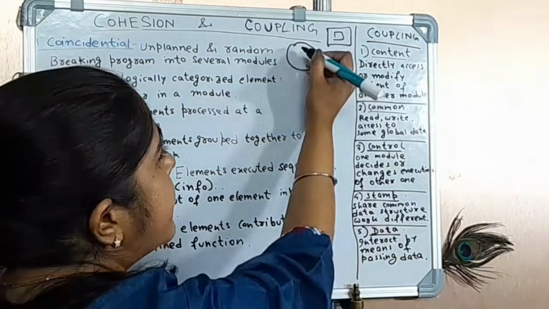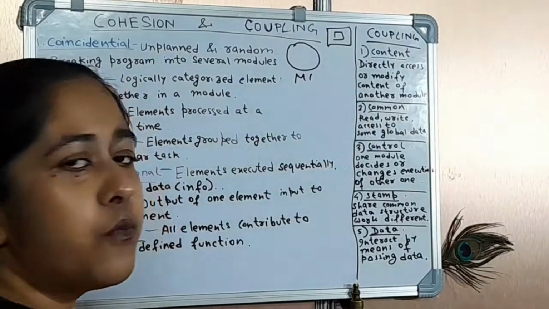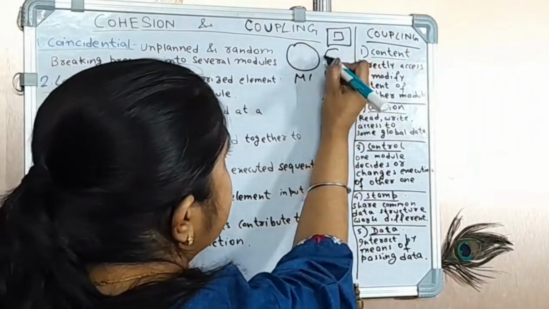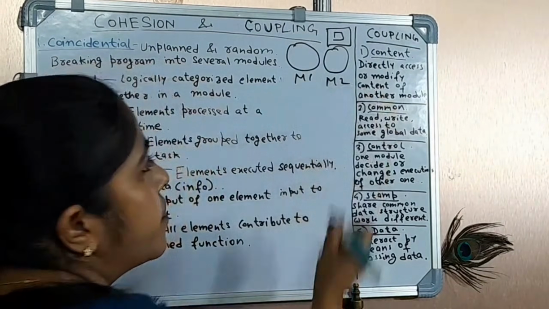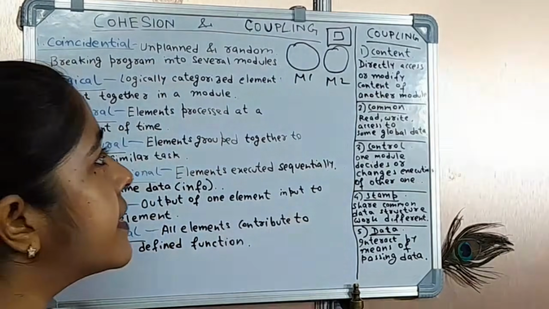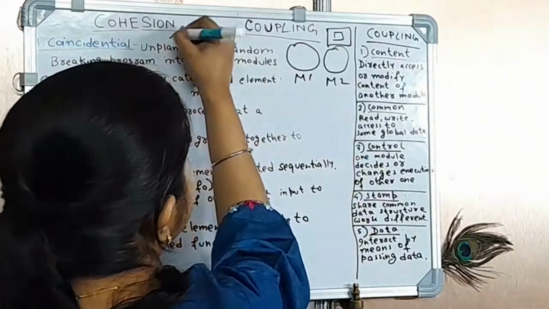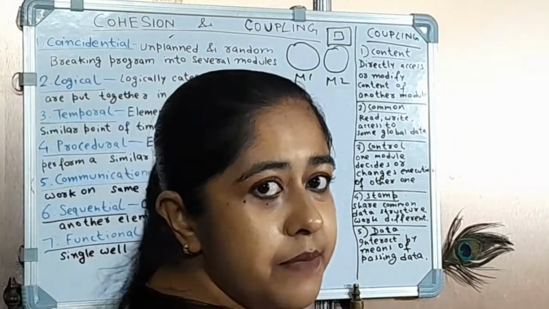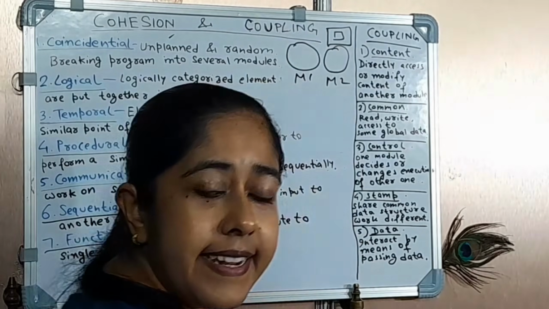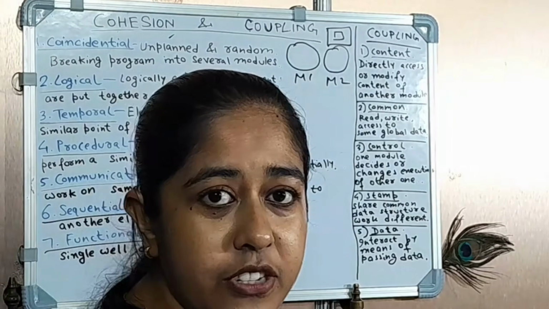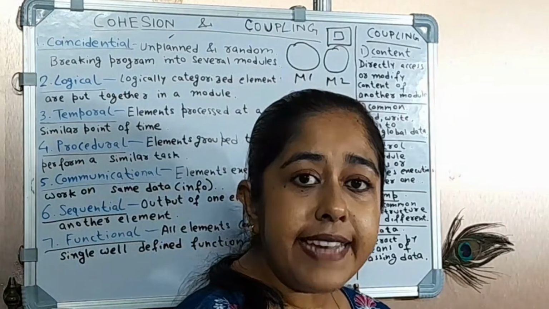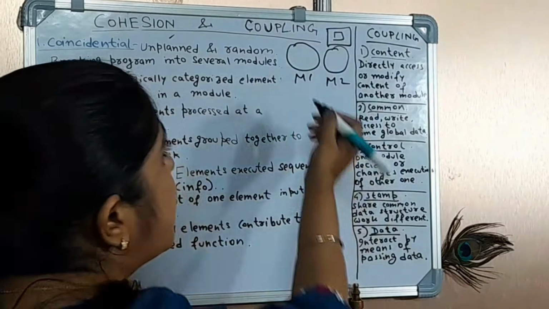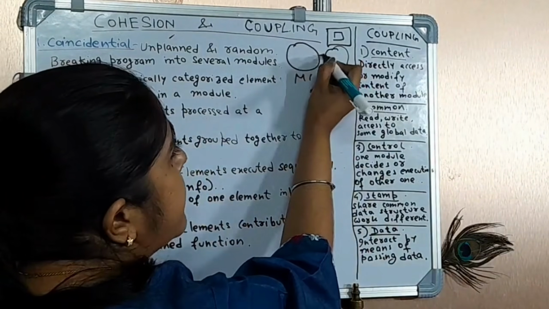This is my module 1, and this is my module 2, M2. What is cohesion? In the case of cohesion, what we know is the interdependability, the intercommunication, the interrelation, whatever you want to say, that is how these two are dependent. This is called coupling.